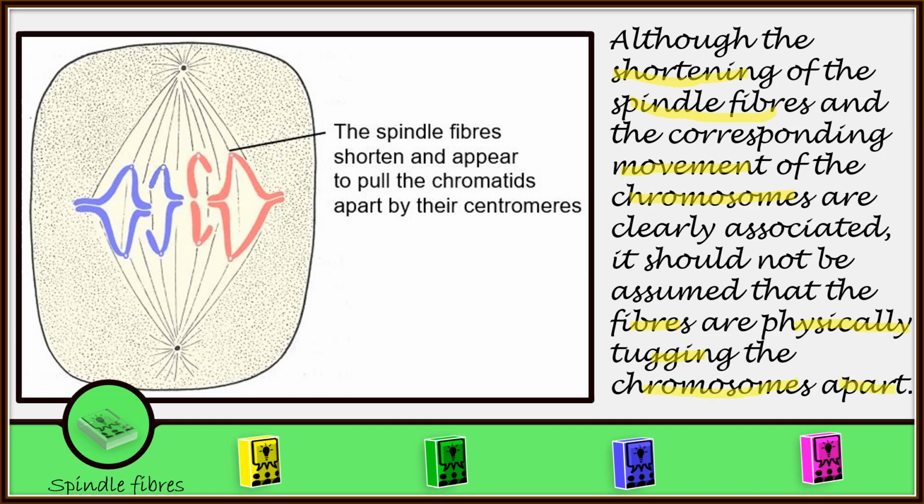So here we are seeing that when the chromosomes attach themselves at the equator of the spindles, the spindle fibers start to shorten and appear to pull the chromatids apart by their centromere.